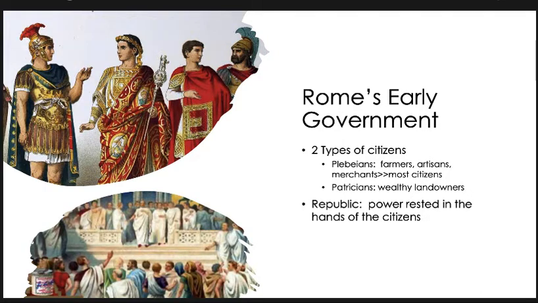This is the way they did things. Just like most ancient societies, Rome began with monarchs. Kings and queens ruled. Over time, it became a republic. What is a republic?